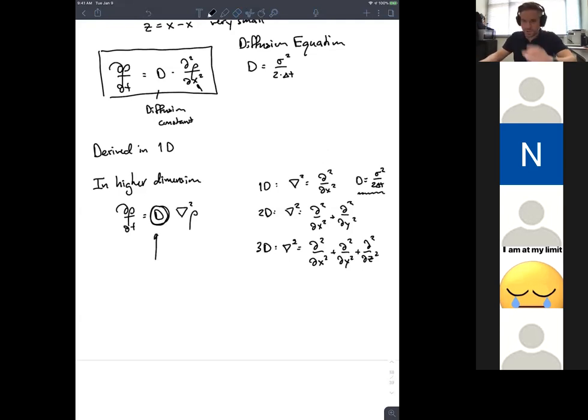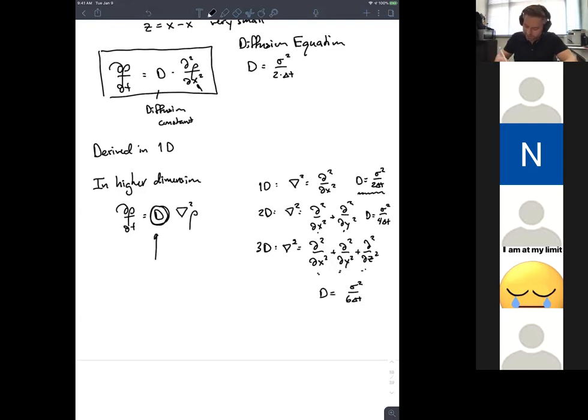So my diffusion constant in 2 dimensions is going to be sigma squared over 4 delta t, because I've got the 2 delta t coming from each of these. And in 3 dimensions, again I get a sigma squared over 2 delta t from each term, so my diffusion constant in 3 dimensions will be sigma squared over 6 delta t.